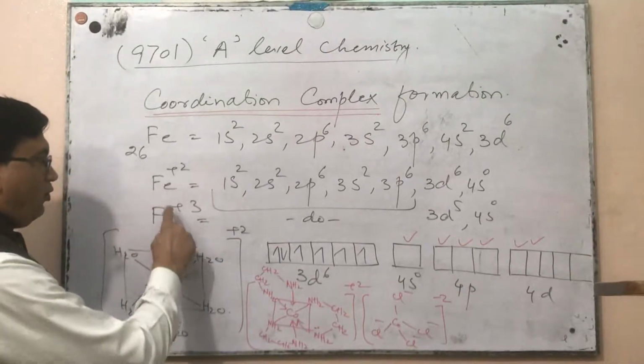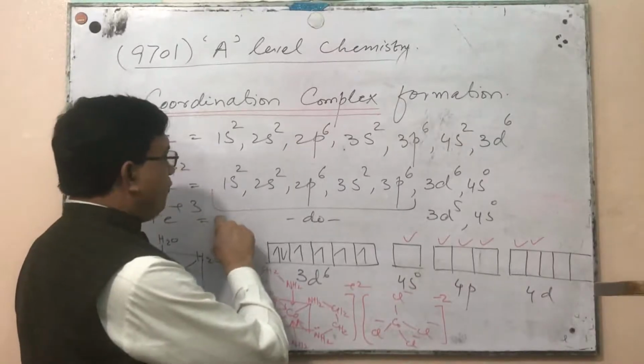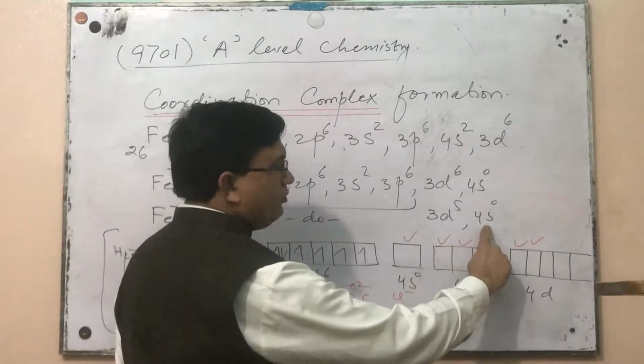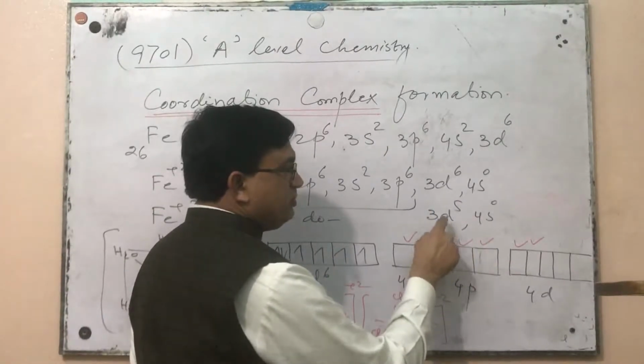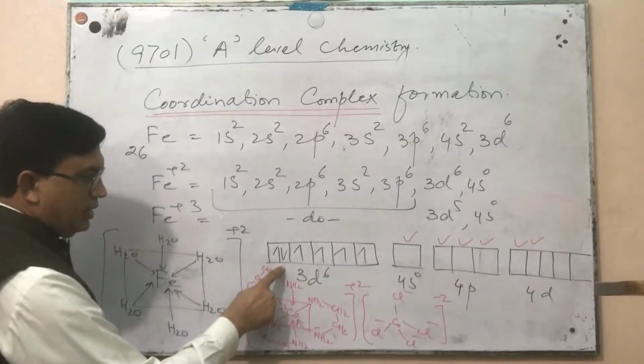Now, for Fe positive 3, the electronic configuration from 1s to 3p will remain the same. Now, what will happen? Along with the 4s2 electrons, one electron which is paired in the d orbital is removed.